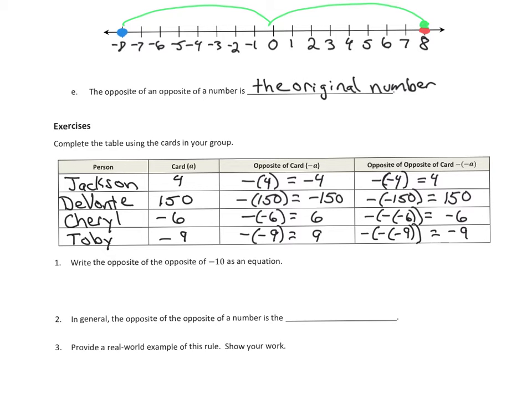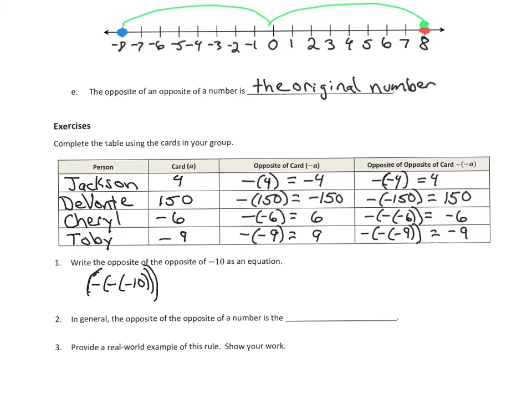So here we're asked to write for number 1, write the opposite of the opposite of negative 10 as an equation. So we're going to use some parentheses to help us write this. The best way to do it is to say the opposite of, the opposite of, the opposite of negative 10. Now we're going to close the parentheses behind negative 10, close the parentheses behind the opposite, and then close the parentheses behind the next opposite.